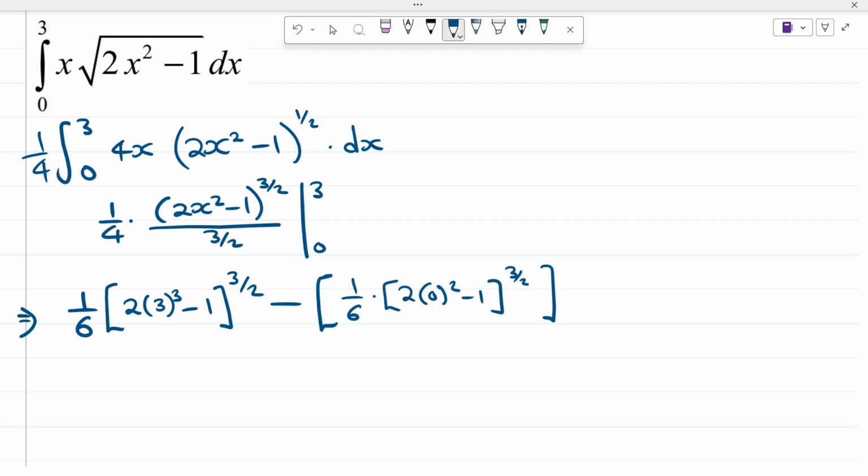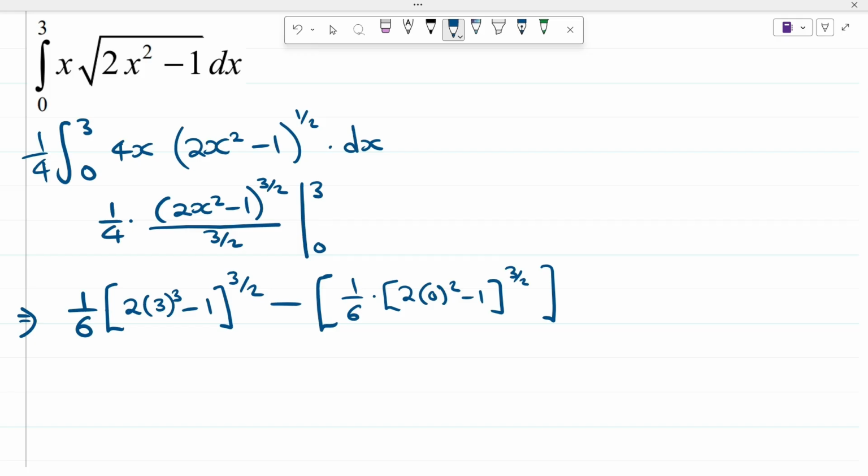Then I use my calculator from here. I'm going to use my calculator, so let me punch quickly. So this is 1 over 6 multiplied by 2 into 3 cubed minus 1, everything to the power 3 over 2, minus 1 over 6 multiplied by minus 1 to the power 3 over 2.